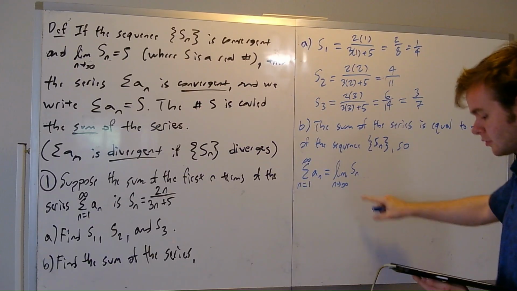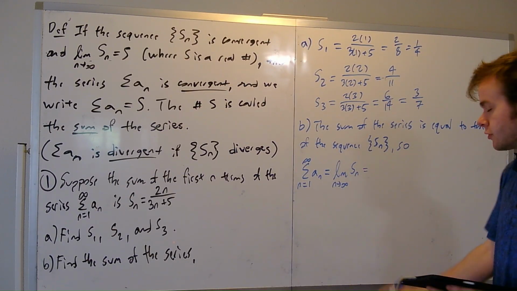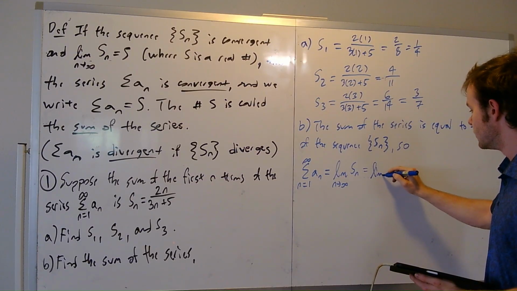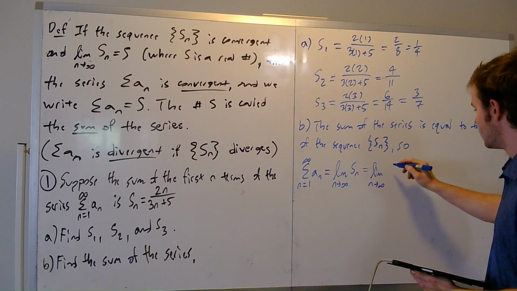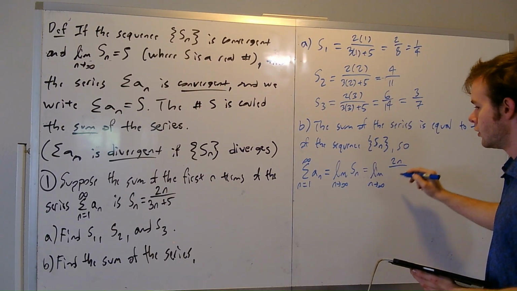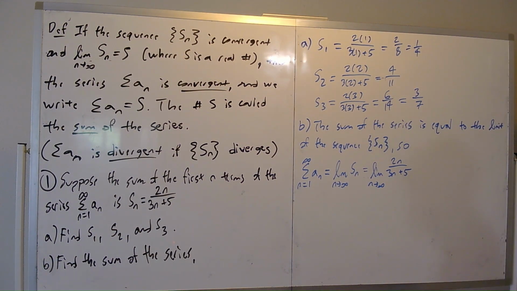And now we have a formula for S_n, so we could just plug that in. The limit as n goes to infinity of 2n over 3n plus 5. Right. Now we need to go back to Calc 1 and remember how to take a limit like this.